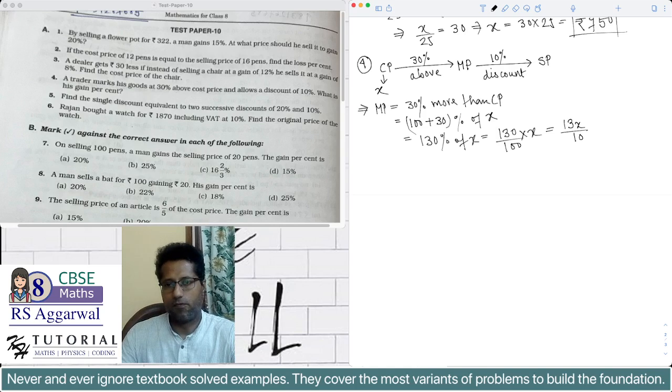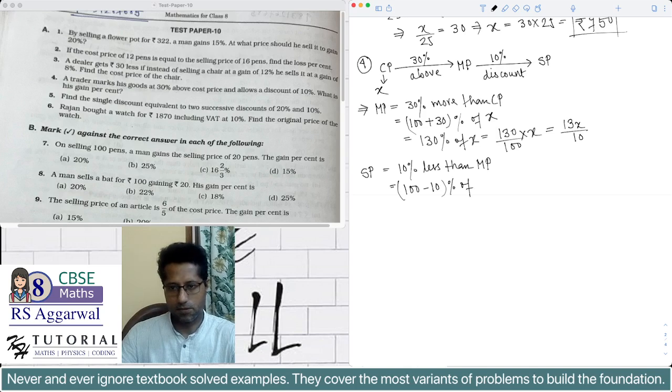Now, from the mark price, there is a discount of 10%. So we can say that the selling price will be equal to 10% less than the mark price. This is equal to 100 minus 10% of the mark price. Mark price we have already calculated to be 13x by 10.